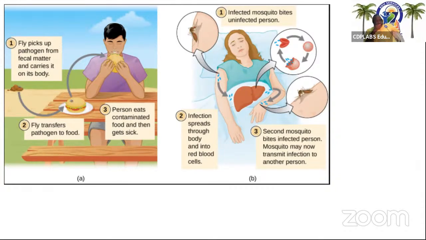And a second mosquito now bites the infected person, and the mosquito may now transmit the infection to another person. That is how the disease spreads. Can you imagine if COVID spread like this? It would be worse, wouldn't it?